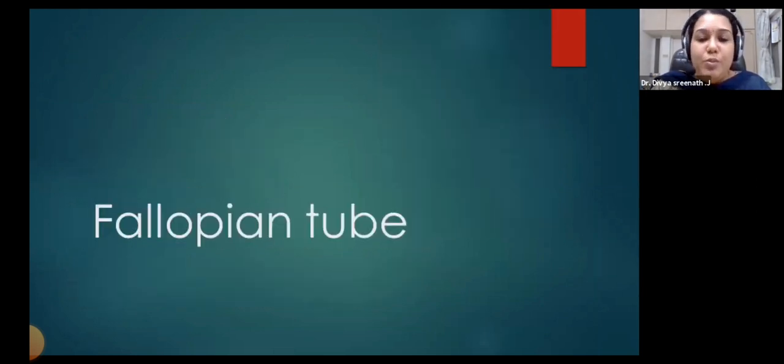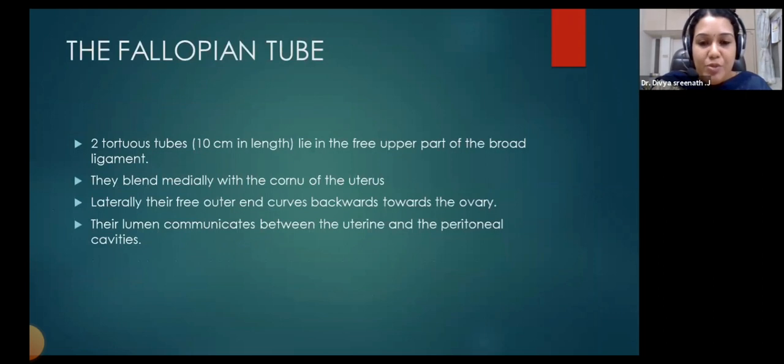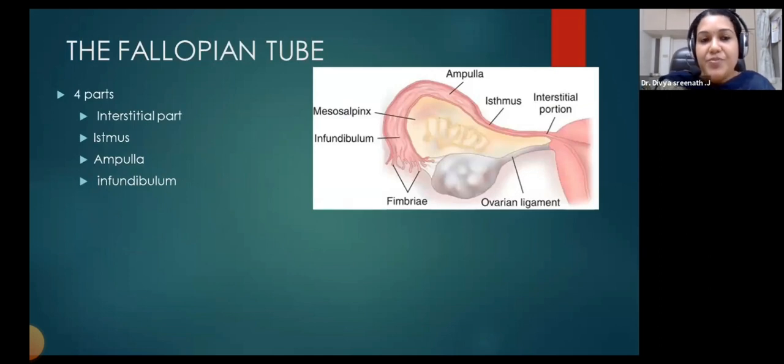Now we will move to the fallopian tube. The fallopian tube is almost like a tortuous, curved structure, almost 10 centimeters long, attached to the corner of the uterus, and it has a connection to the peritoneal cavity also, and it lies close to the ovary. Its main intention is to pick up the dominant follicle after ovulation; the fimbriated end of the fallopian tube picks up the structure.